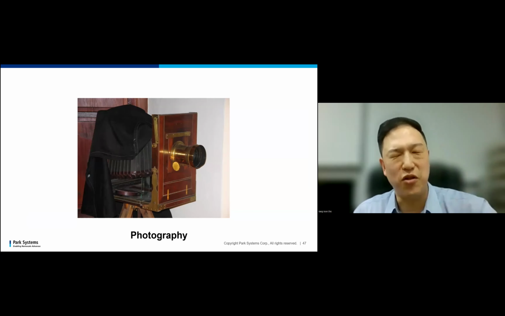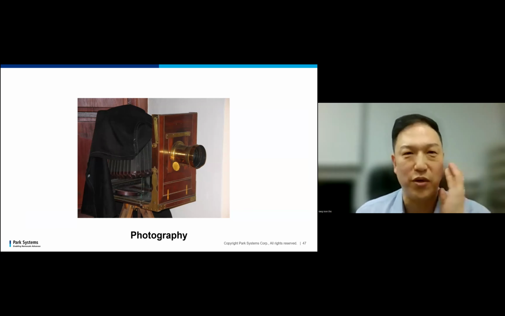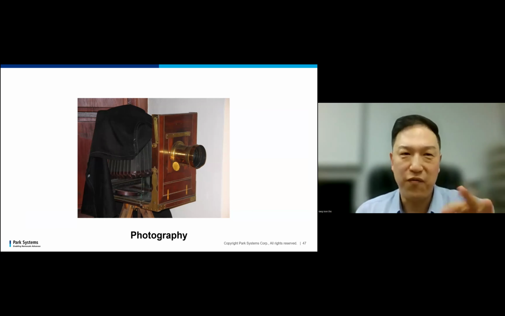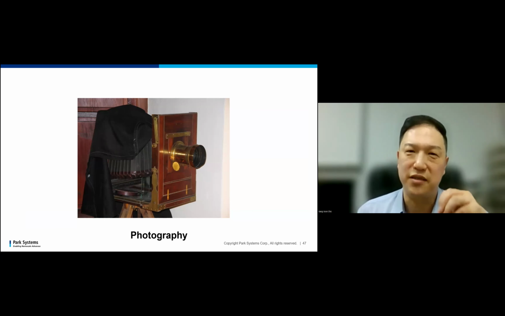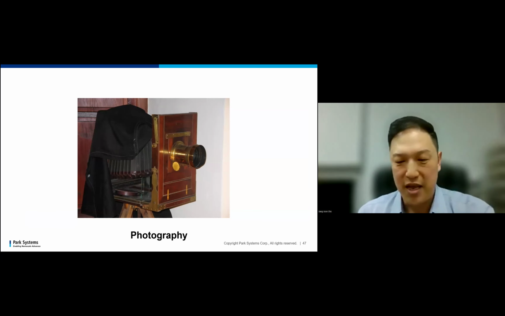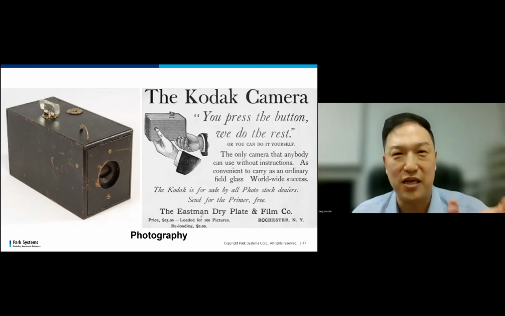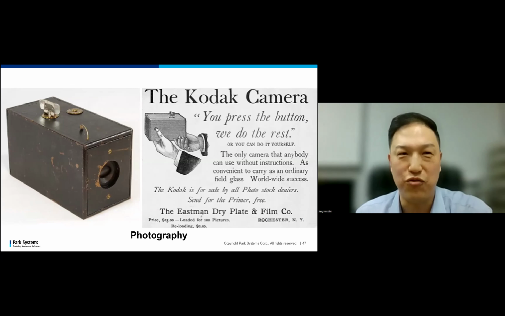So when photography was first introduced, I'm using it as an analogy. Early photography was literally a technique that only a few experts with the skill could use. Then in 1888, Kodak ran this advertisement: you just press the button, we do the rest.